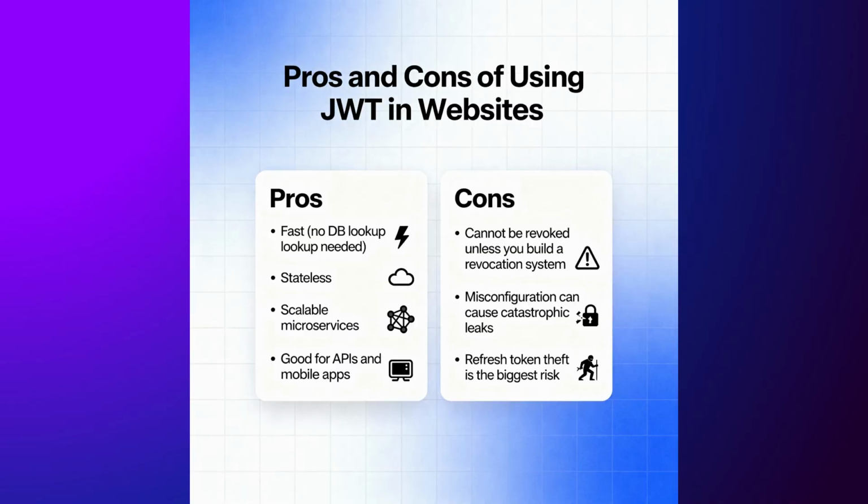Next, let's talk a little bit about the ups and downs, the pros and cons of using a JWT. Pros are it is incredibly fast because there is no database lookup. It is stateless. It is scalable for microservices, and it's good for APIs and mobile apps.